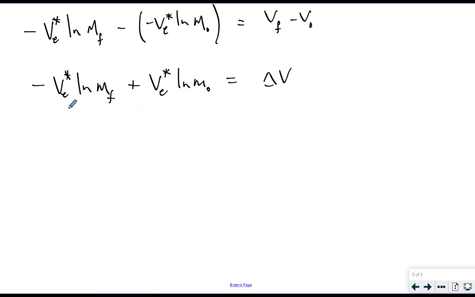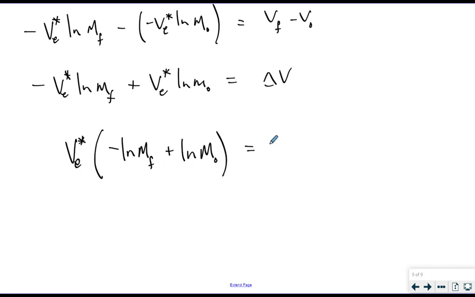Now why don't we factor out this ve star that is in both terms, and then I'll write it as negative ln mass final plus ln mass initial is this delta v. And so I can combine these two ln's into one single ln.